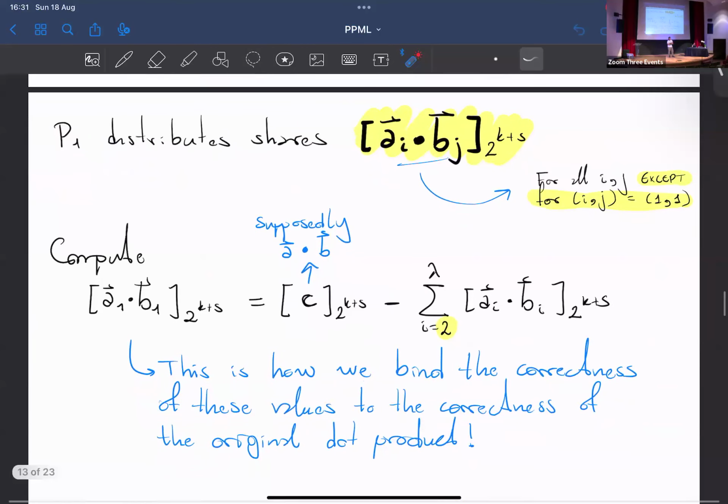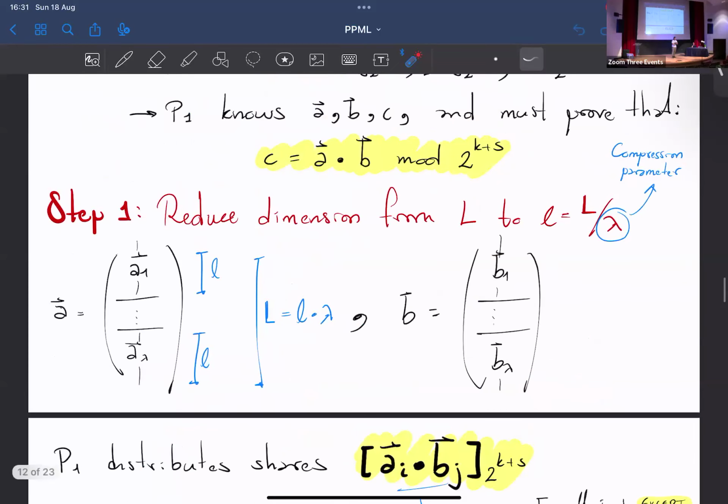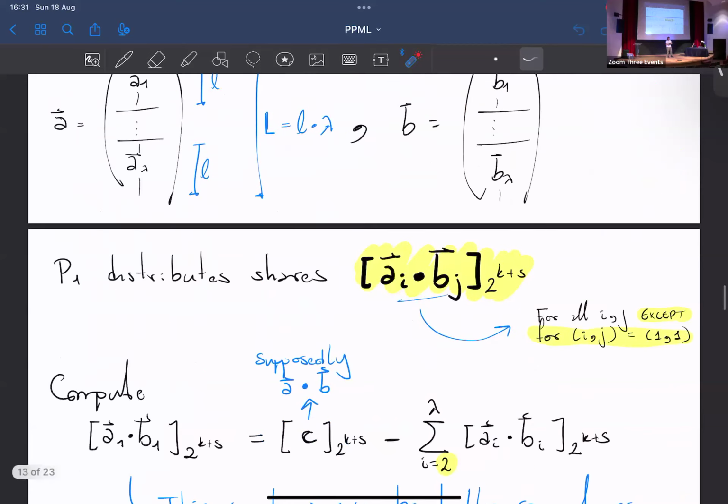And it is that we're going to ask P1 to distribute shares of all these intermediary products. So all Ai times all Bj, they are a dot product, they're a single element. And we're going to ask P1 to secret share that. How many of them are we going to have? We're going to have lambda squared of them, because we have lambda groups on each side and we're taking all possible combinations.